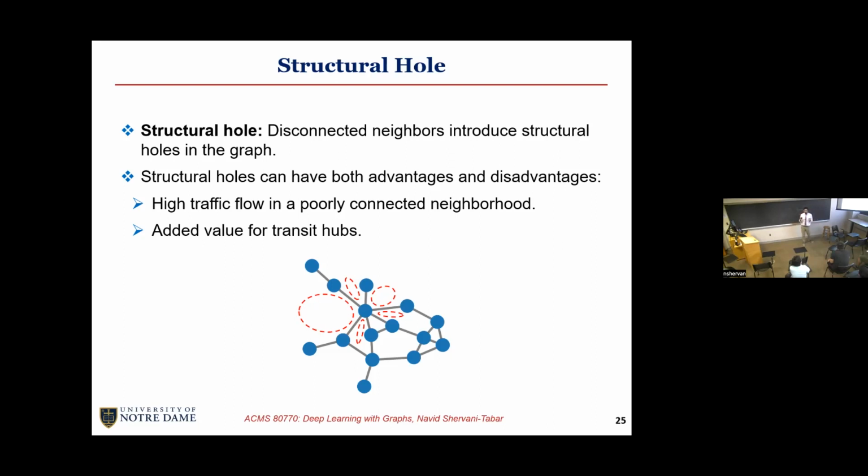Structural holes can be a good thing or a bad thing. So let's say that this is some town, and this is a person, and these are his friends. Because his friends are not connected to each other, it means that this guy has control over the flow of information between different members of that society.